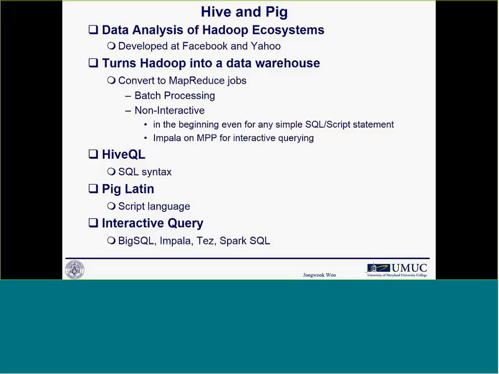Again, since it is batch processing, it's not interactive, so using MPP, Impala, Tez, or BigSQL could provide interactive processing. Hive is based on Hive Query Language, based on SQL syntax, and Pig Latin is the script language of Pig. And for interactive queries, there are Spark SQL, Tez, Impala, and BigSQL.